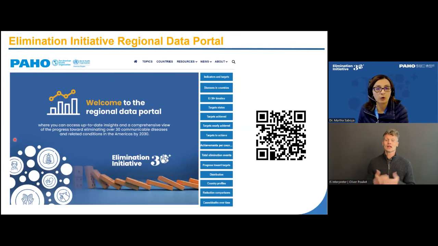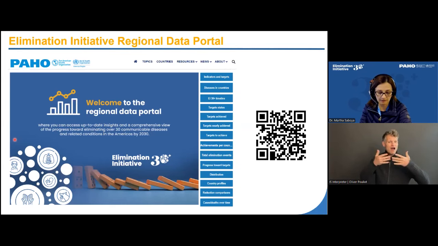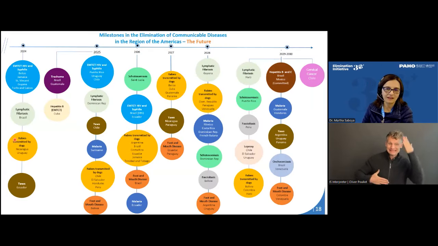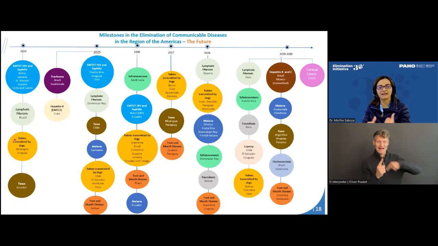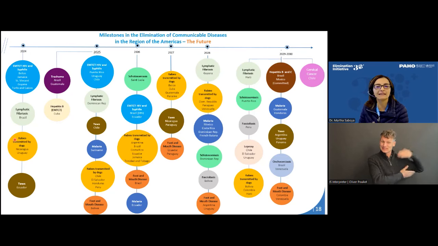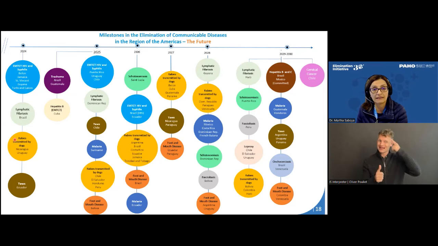I would like to invite all of you to review our Elimination Initiative Regional Data Portal, which has very good information about the elimination targets for the 30-plus diseases. And finally, as I started my presentation with the past and the history of the elimination of diseases in the region of the Americas, this is the future based on the best information that we have at the Pan American Health Organization.